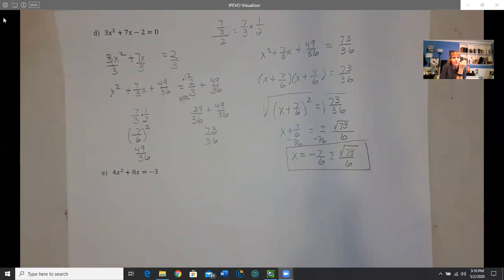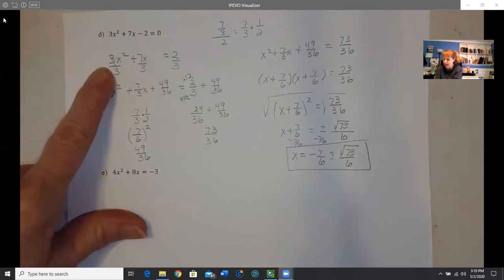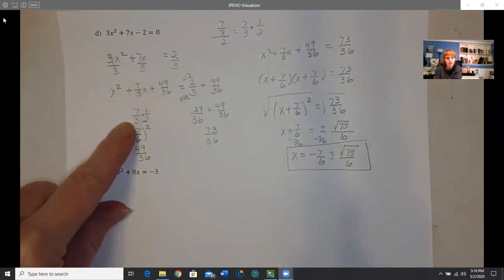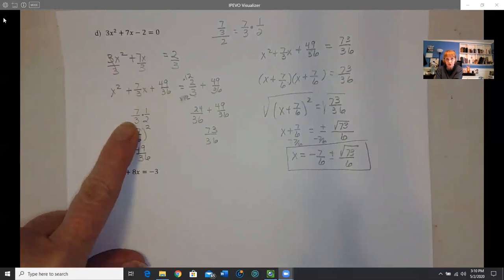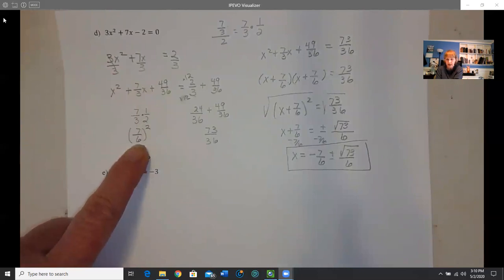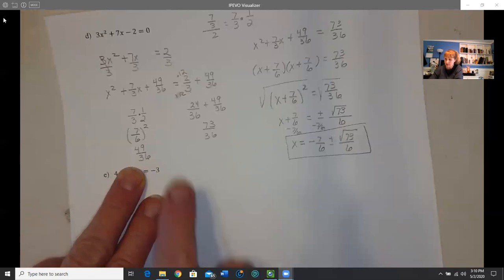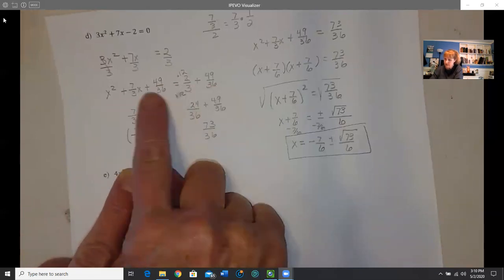Okay, the steps are pretty much the same, except this one did have step 2 where you had to divide. And what happens, it created a fraction. And dealing with fractions isn't too bad. Just instead of dividing that middle term by 2, you multiply by 1/2, which means the same thing. So that gives you 7/6, which is what you square to find out what you're going to add to both sides. Okay, and then this stays.